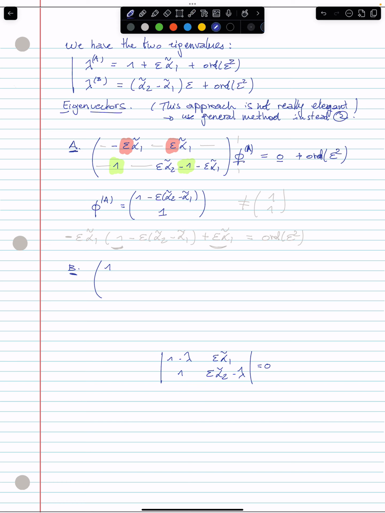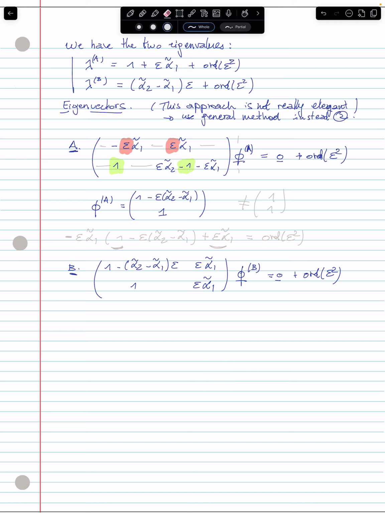So we have 1 minus alpha 2 tilde minus alpha 1 tilde. And then we have epsilon alpha 1 tilde. Then we have 1 epsilon alpha 2 minus epsilon alpha 2, so they disappear, and then we have plus epsilon alpha 1. This multiplied by the second eigenvector should be equal to 0.